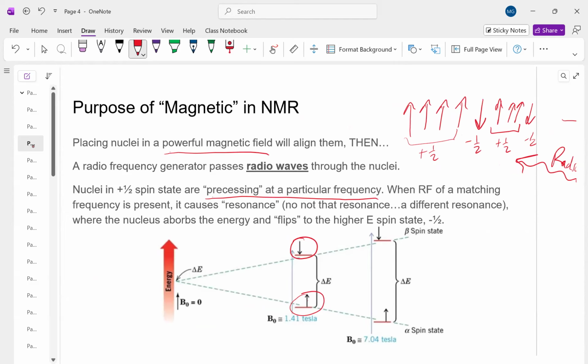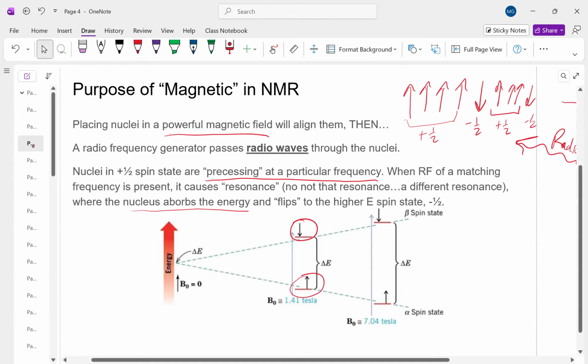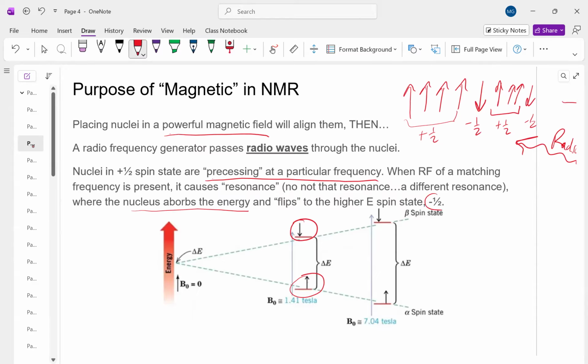This is a different kind of resonance. Okay, so I want to emphasize that. This resonance is about the nucleus absorbing energy and flipping to the higher energy spin state, which is the minus 1/2.